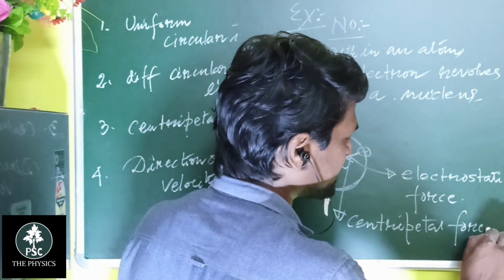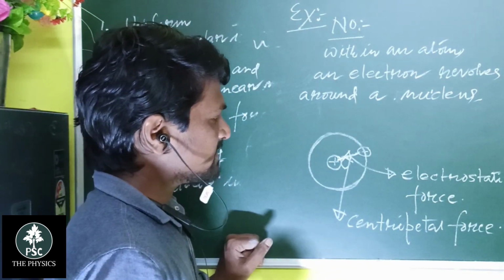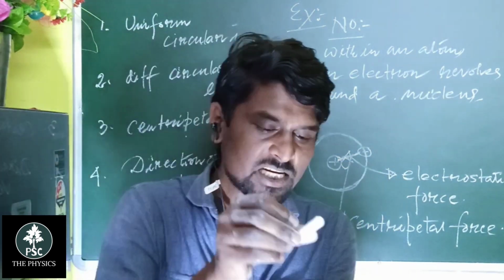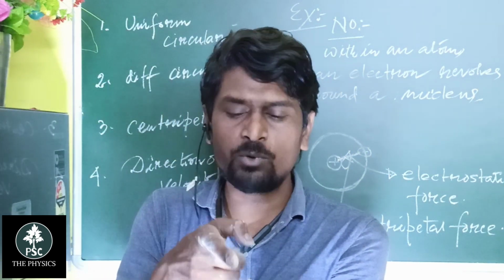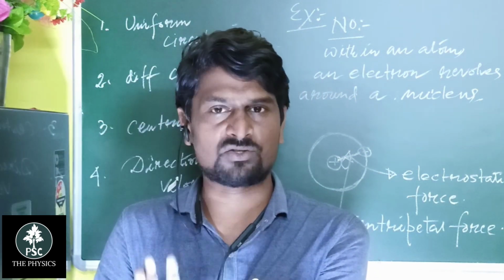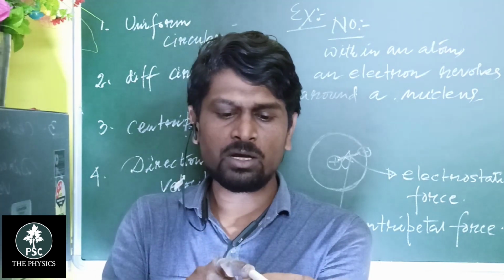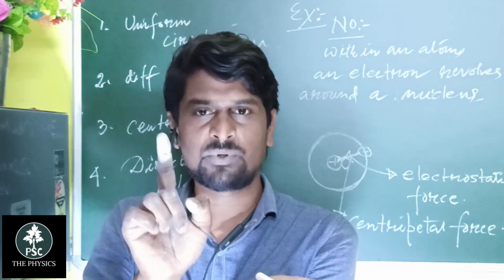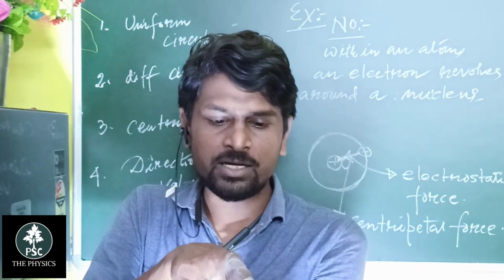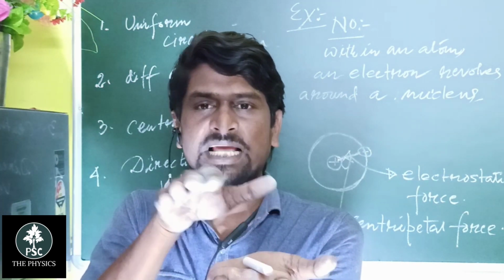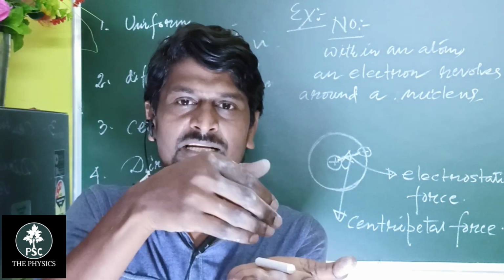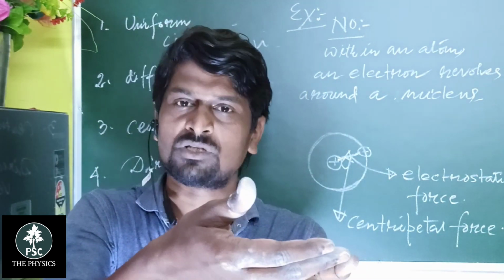So what about centripetal force? Suppose there is a chalk. The chalk is at rest. If we want to change that particular state of motion, then a force is required. If we apply a force, the chalk changes its state from rest into motion.